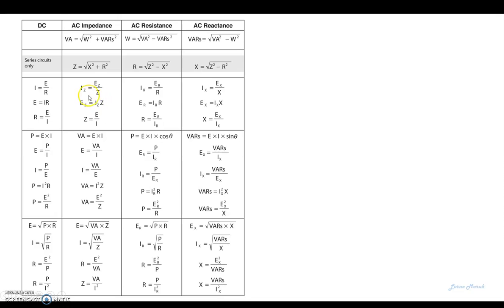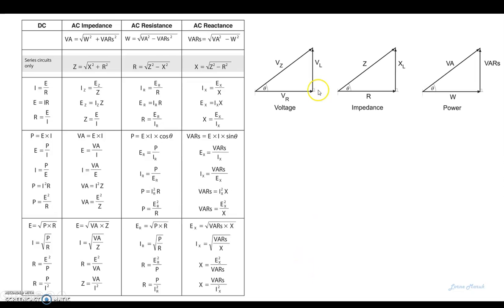Now you might notice that along the left here, under the DC column, we have a list of all the Ohm's law formulas from the Pie wheel, and they will match the AC resistance Ohm's law rules for AC, and for the other formulas, you can think of them as solving for a certain side of the triangle.